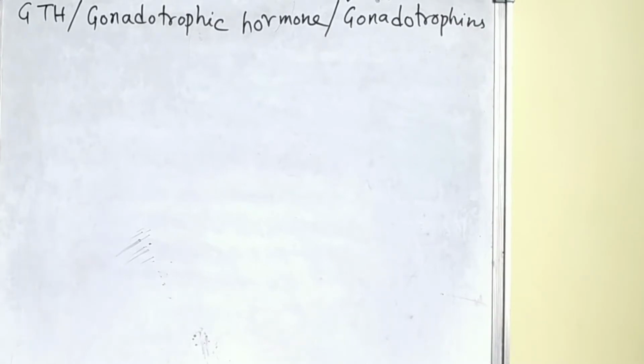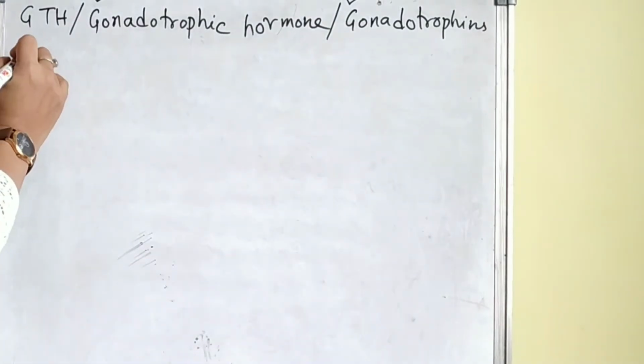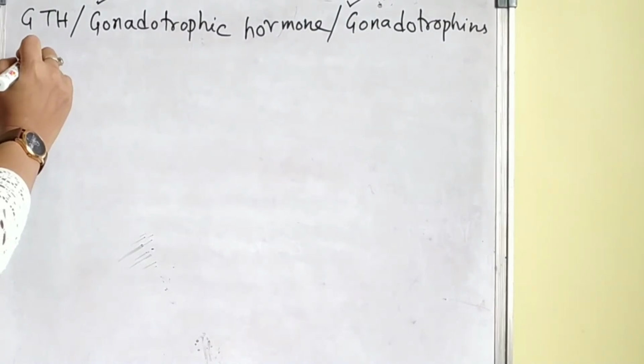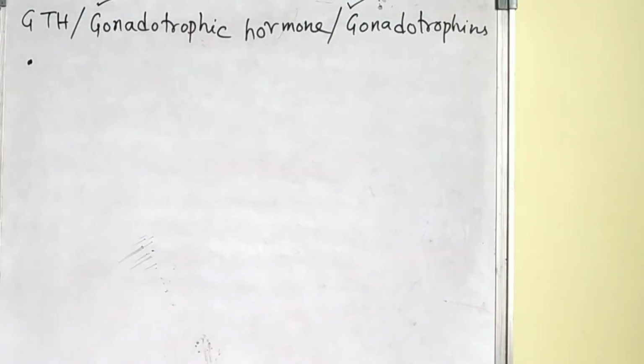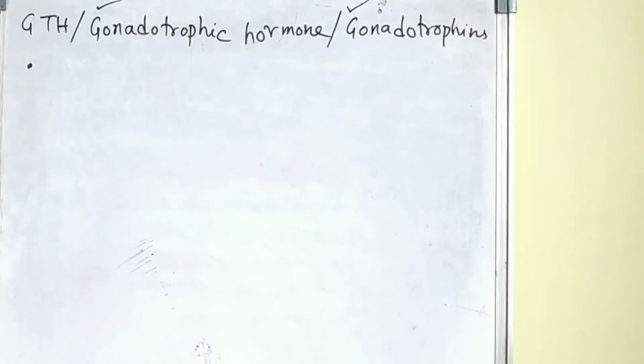In males and females the gonads are different, and accordingly the GTH works on the gonads. The hypothalamus releases GnRH, a releasing factor which stimulates the pituitary to release gonadotropins in pulses 1 to 2 hourly.